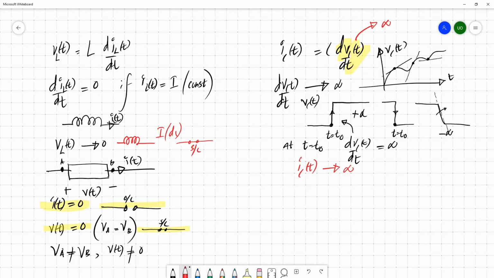So then what happens? We cannot gain any infinite current through a finite source. Mathematically, this is the scenario. Once your derivative goes to infinity, definitely the current should be infinite. This is practically not possible, because we are powering this circuit through a finite DC source.